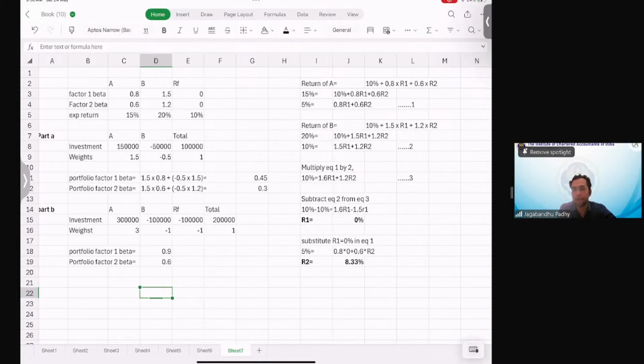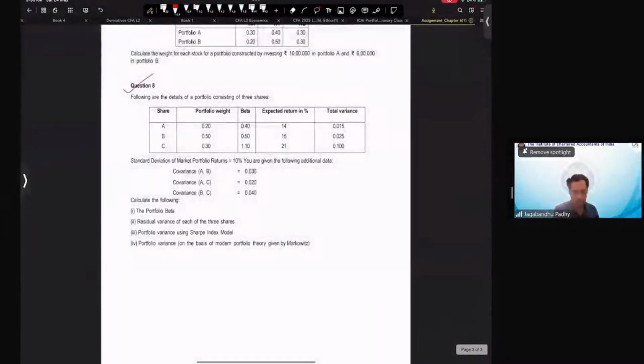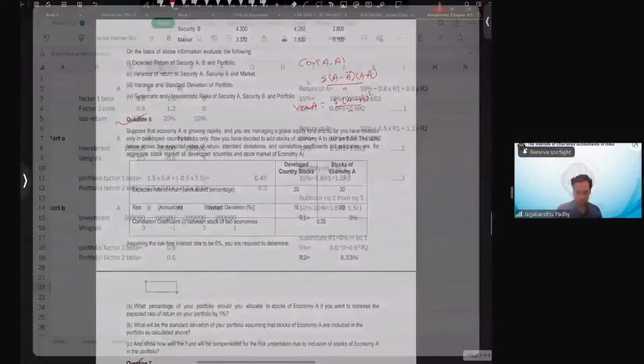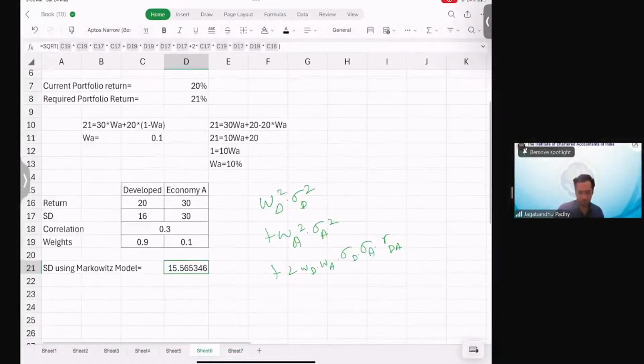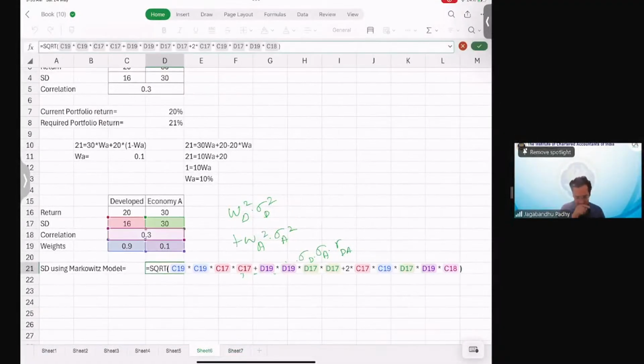Yes, Shweta. Sir, in question 6, the portfolio you calculated with the Markowitz formula, could you show that once more? Question 6. The standard deviation using Markowitz: square root of weight of developed square into standard deviation of developed square plus... The return and SD are in percentage. That's okay. The answer will remain the same. That shouldn't alter.